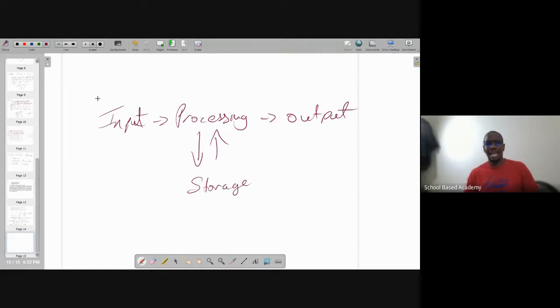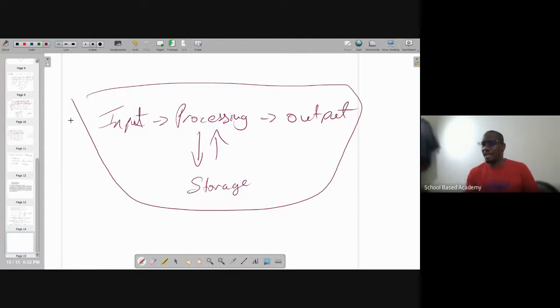Right? And of course, sometimes you might see this as well. And this here is a diagram that represents every computer and every computer program that exists. Because every computer is a device that takes input, processes and stores that input, and provides some sort of output at some point. Every computer program does the same. So it doesn't matter if we are programming at this level where we're now starting to learn C, or if we are programming for Google or Facebook or NASA.